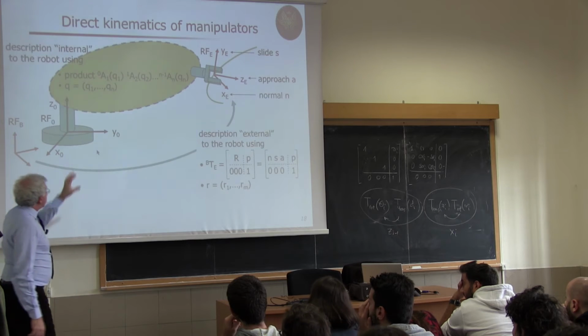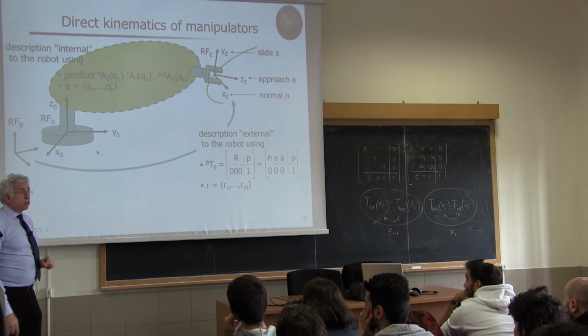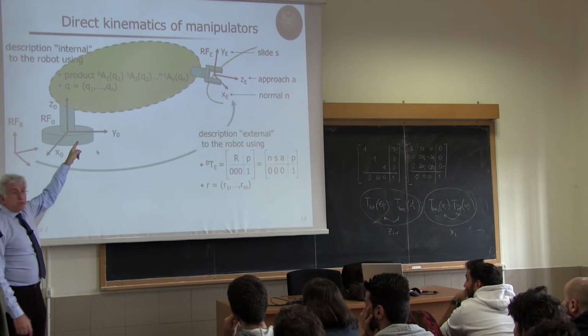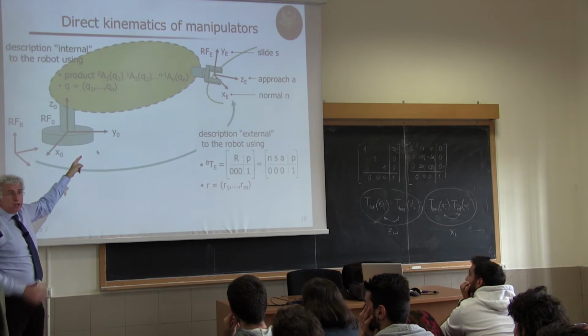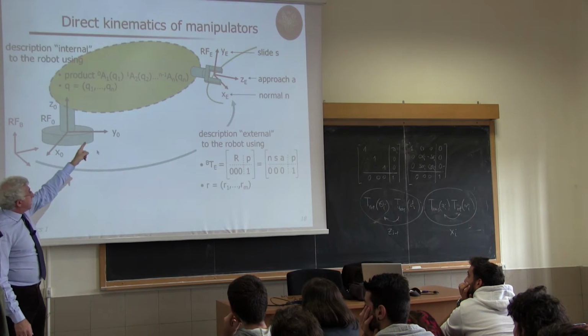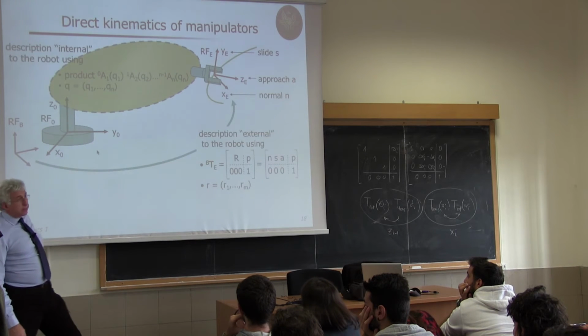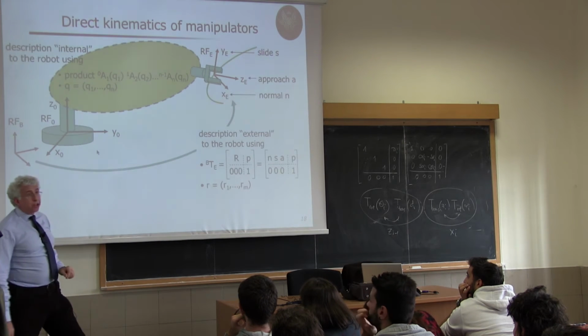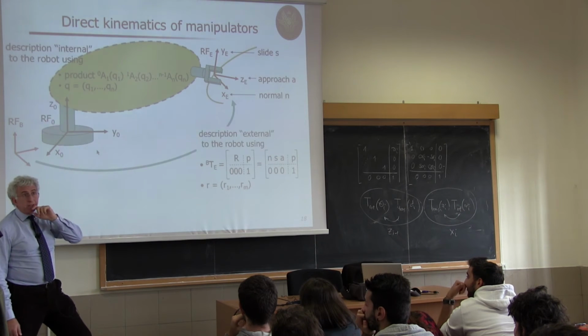According to this, I can build n homogeneous transformation matrices: A_01, which is a function of the joint variable q1, prismatic or revolute that it could be, then A_12 a function of q2, and so on until a frame n, which is attached to the end effector, and in principle may not coincide with the end effector frame.